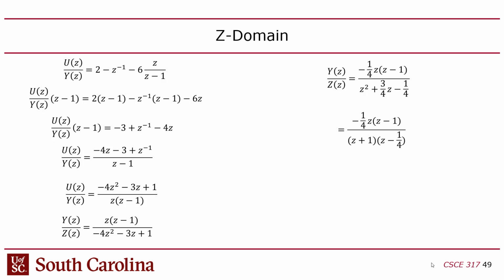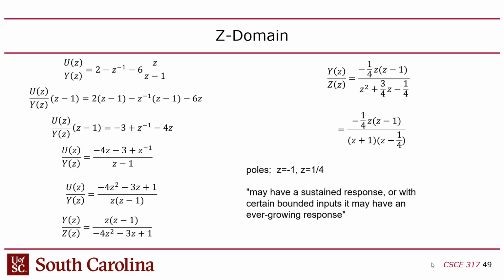After you work out your algebra, I ended up with a ratio of two polynomials of z. The denominator is z squared plus 3/4 z minus 1/4, and then I can factor that and find my roots. The roots of the denominator are the poles: z equals minus 1 and z equals 1/4.